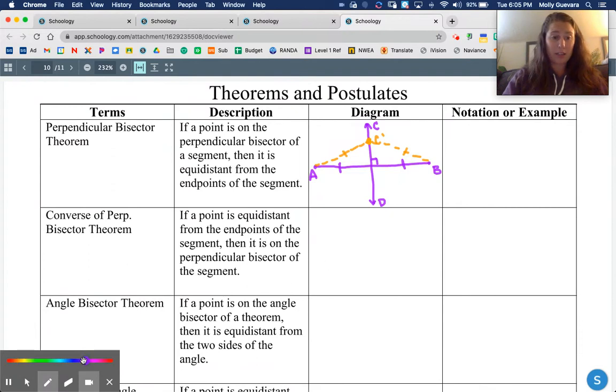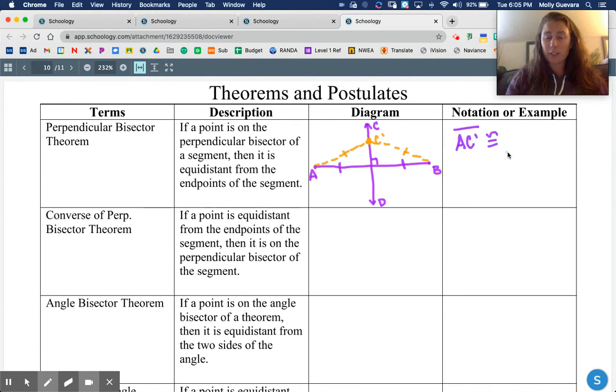So here I can say that A to C prime is congruent to B to C prime. So if AB is bisected and CD is perpendicular, any point along this line is equidistant.